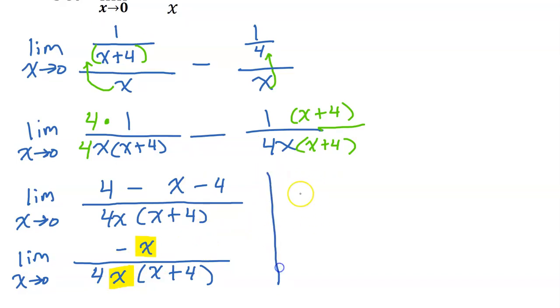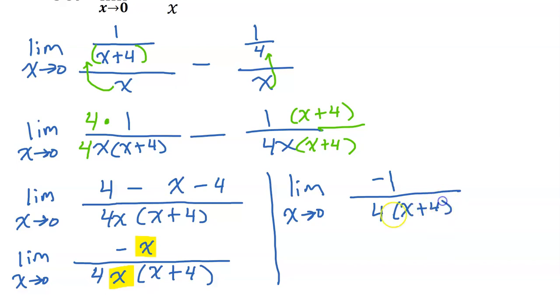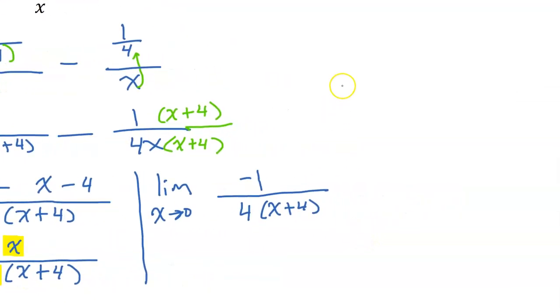we are going to get the limit as x approaches 0 of, well, these are gone. So I have to have something up here, so I'm going to put a 1. And then in the denominator, I will have 4 times x plus 4. Now we can do direct substitution. So in fact, I'm just going to go ahead and write direct sub.